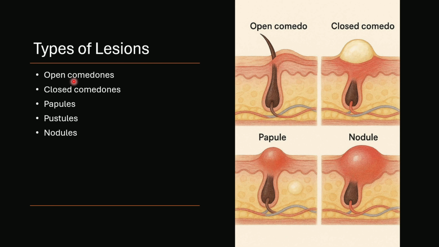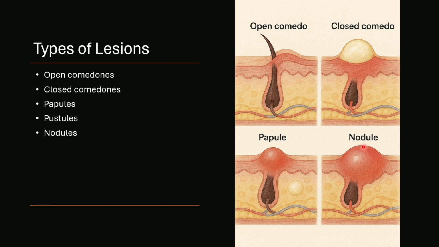Types of lesions. So open comedones, this one, and closed comedones, this one, which I think is more common. This one is considered the first step of this disease, and it is a very common lesion that we can see in patients. There are also other types of lesions: papules, pustules, and nodules. Usually, these kinds of lesions are more common in the advanced phase of this disease.